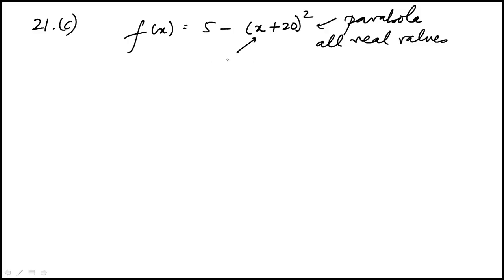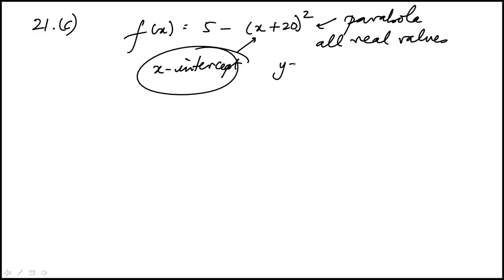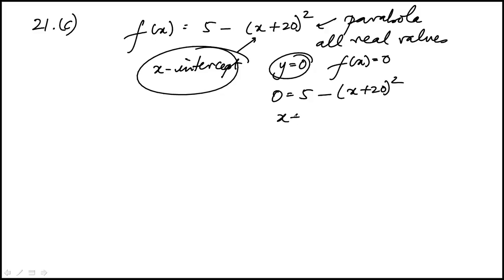And what I'm going to do is to first find the x-intercept. So the x-intercept is where the parabola hits the x-axis, and we find that condition by setting y to 0, or in this case, f of x to 0. So the condition is 5 minus (x plus 20) squared is 0, or this is equivalent to (x plus 20) squared equal to 5, and x plus 20 is equal to plus or minus the square root of 5, which means x is minus 20 plus or minus root 5.